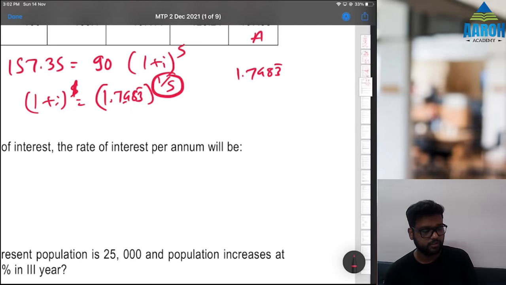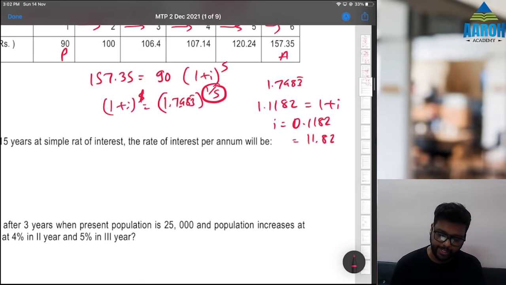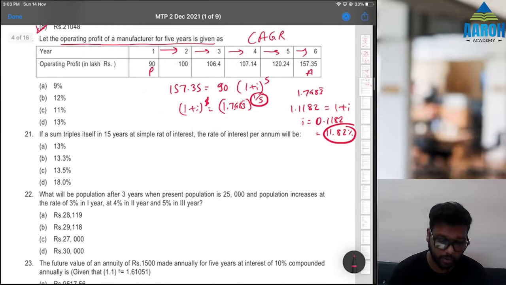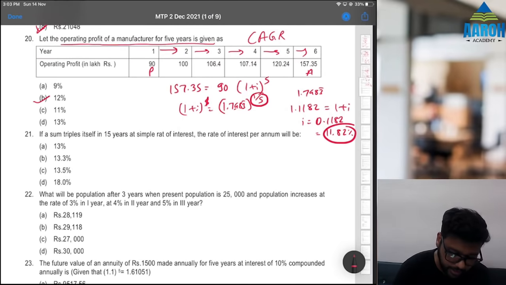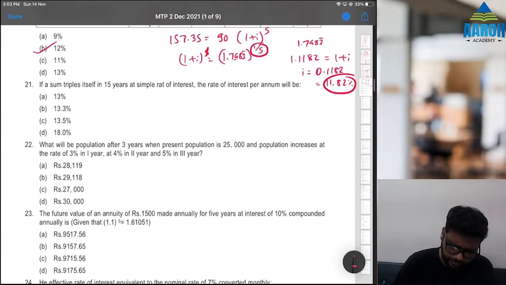That gives us 1.1182, which is 1 plus I. That means I is 0.1182 or 11.82%. Now maybe they wanted to ask this, I don't know. If they wanted to ask this, then this is the answer, but 11.82% is the answer.